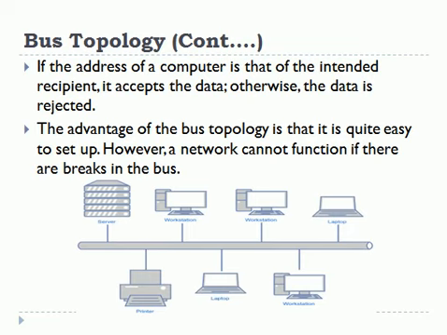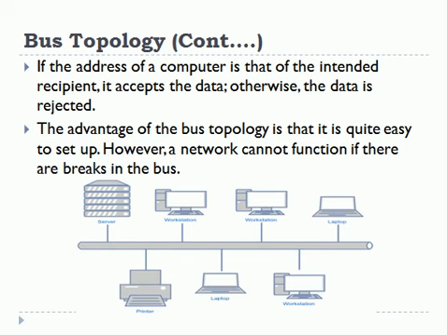The famous advantage is that it is quite easy to establish, but the major disadvantage is that if the bus breaks, then data cannot be transmitted even on a single computer. All the data transfer relies on the central bus, and it is equally important for the data transmission.